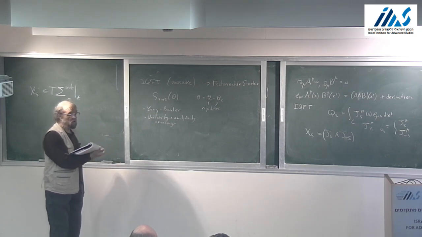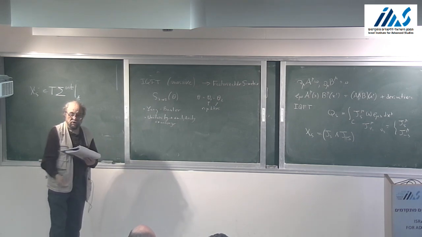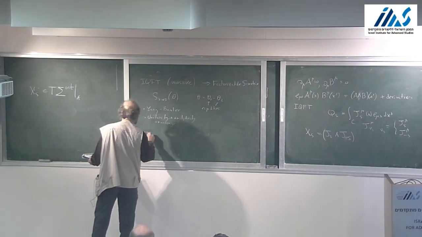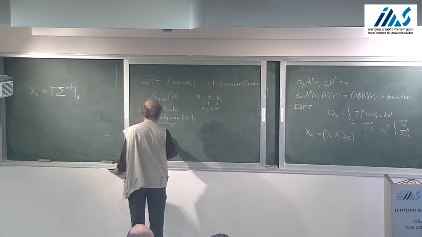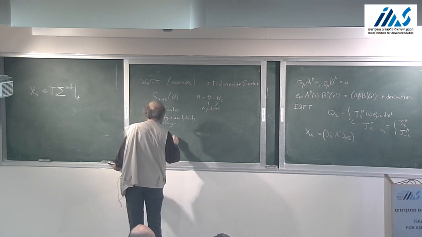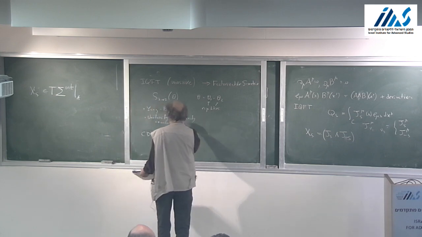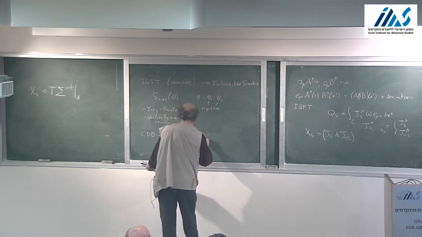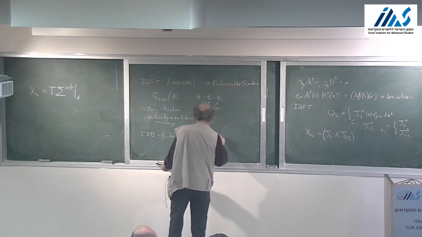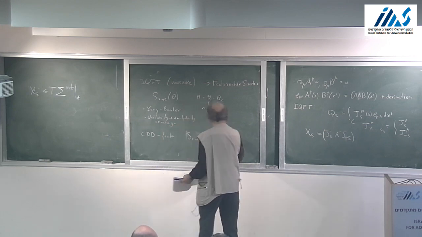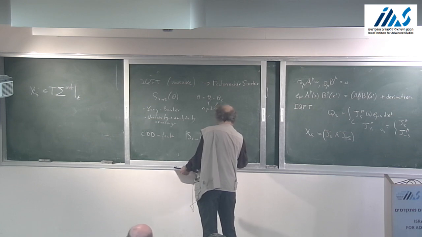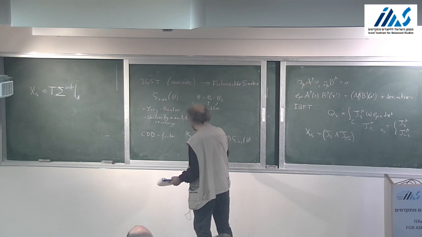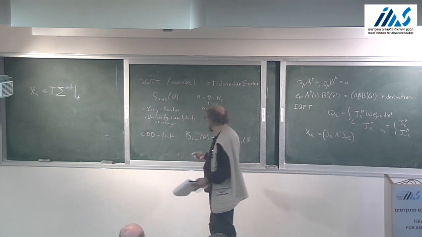But once you satisfy all these conditions, you are still left with an ambiguity, which is known as the so-called CDD ambiguity, the CDD factor. So you could take a solution S 2-to-2 of theta and multiply it by any factor phi of theta, the CDD factor, which is essentially a 2 pi i periodic function.